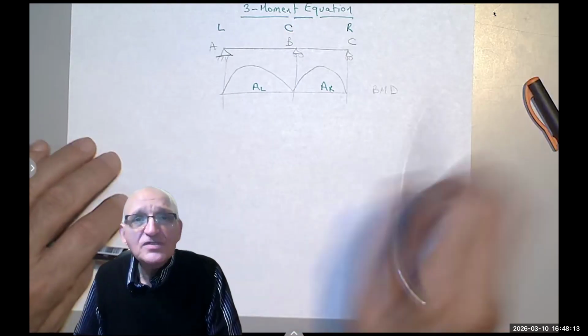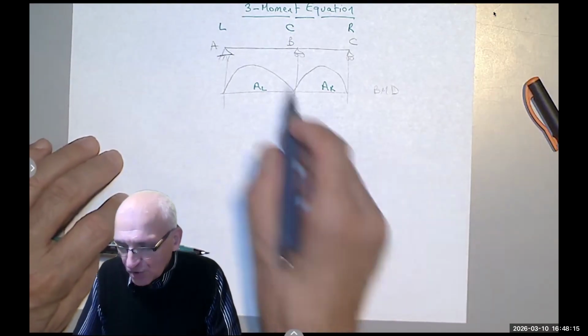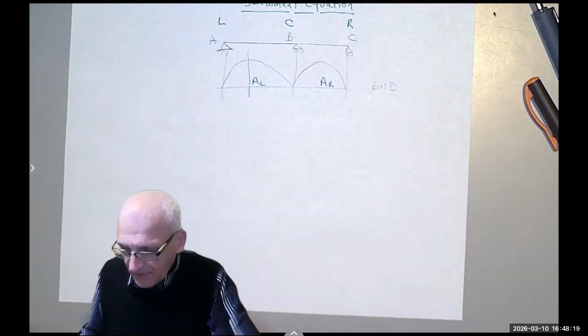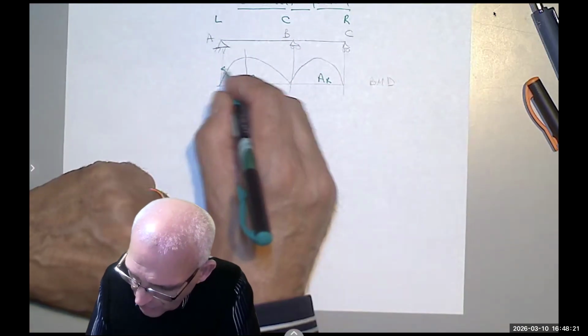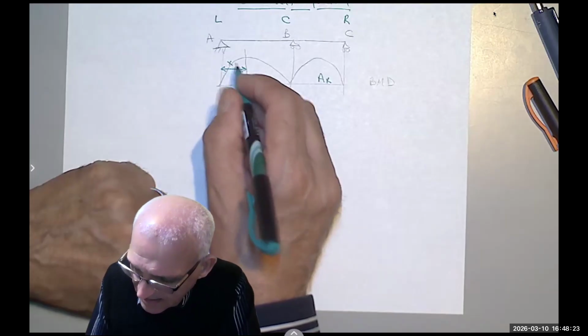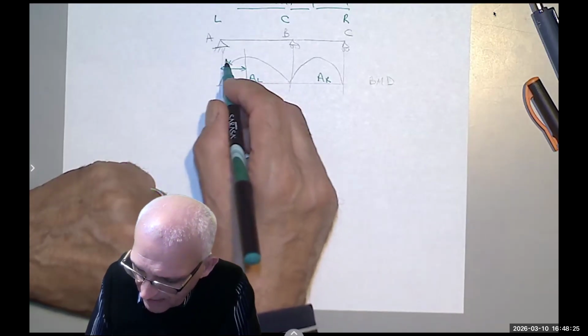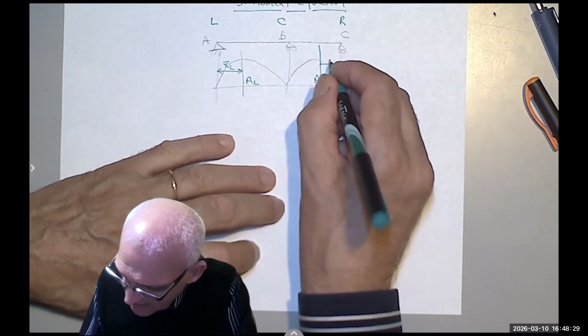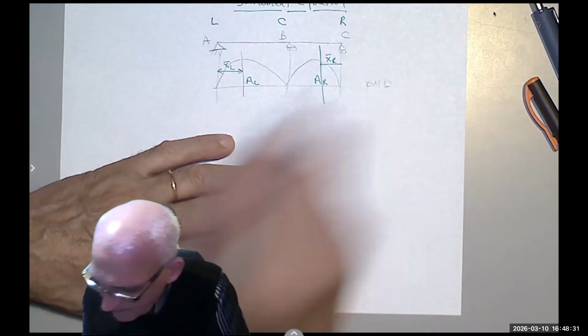And we are going to say, okay, where is the centroid of this area? So maybe it's here. We are going to call that X bar left. And the centroid here, I'm going to calculate X bar right.